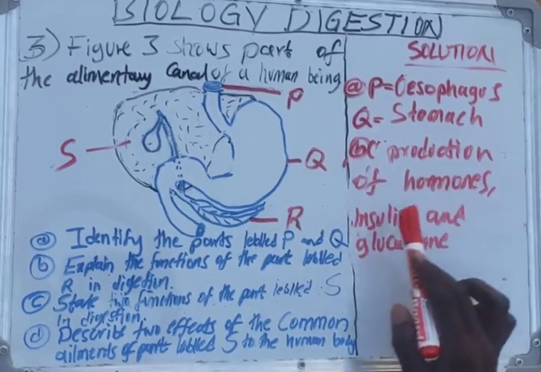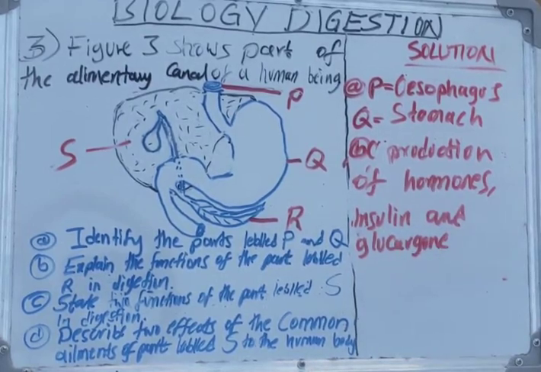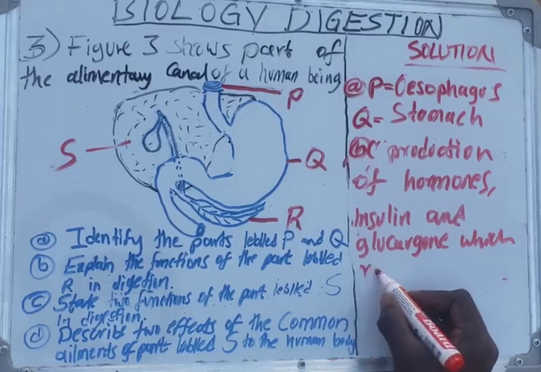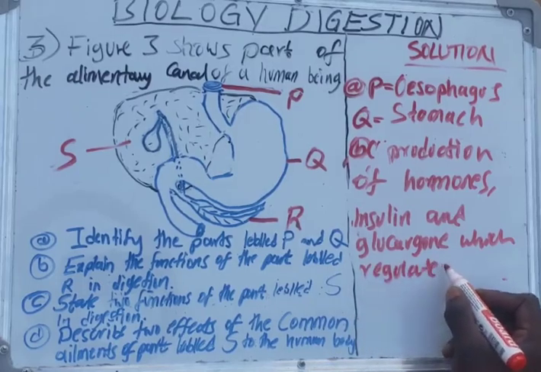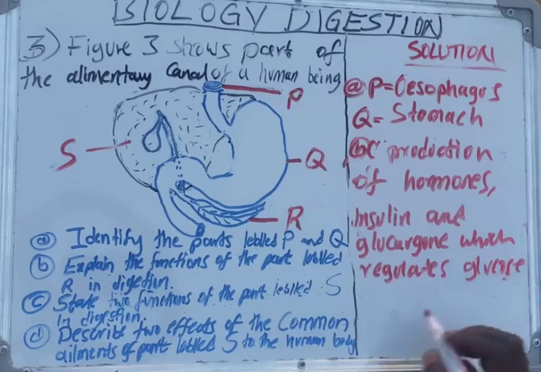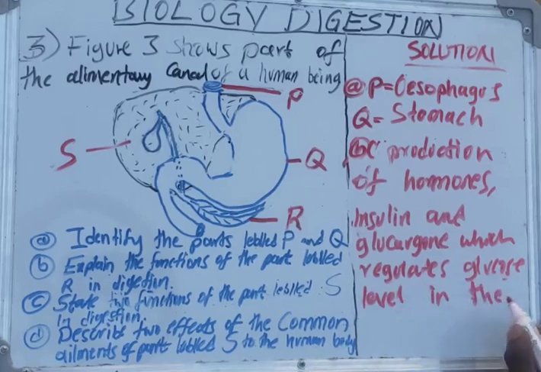Insulin and glucagon maintain, or control, the sugar level in the body. You can say which regulates the glucose level in the blood or in the body.